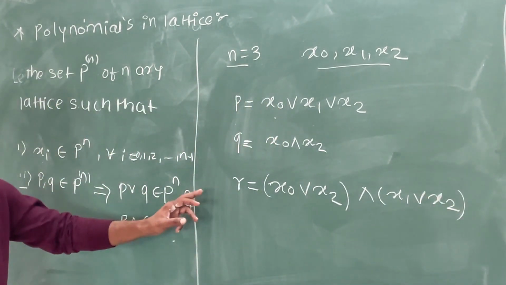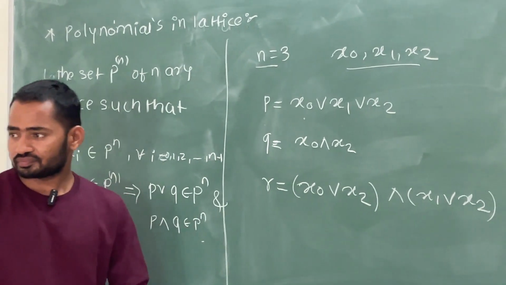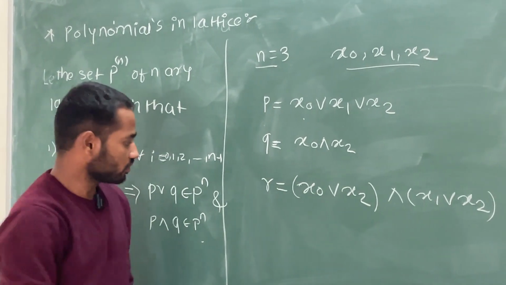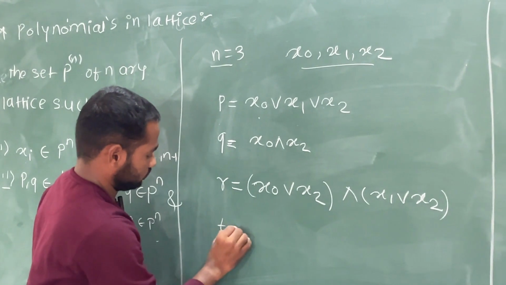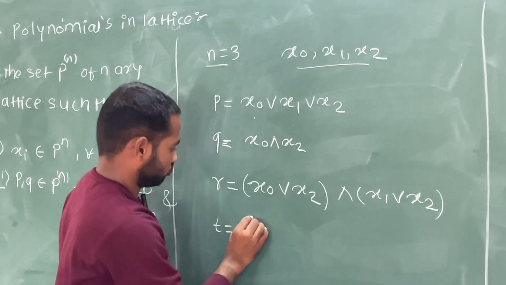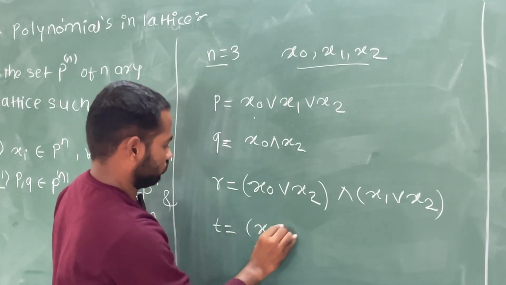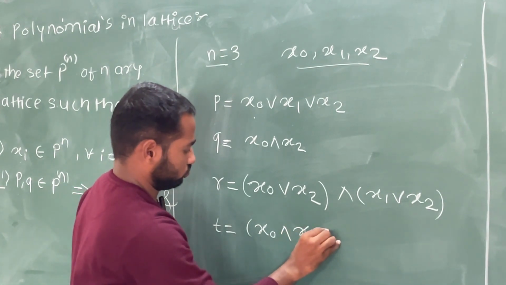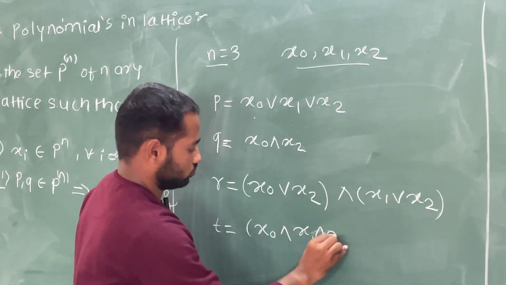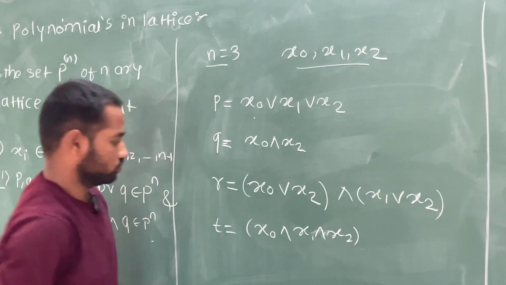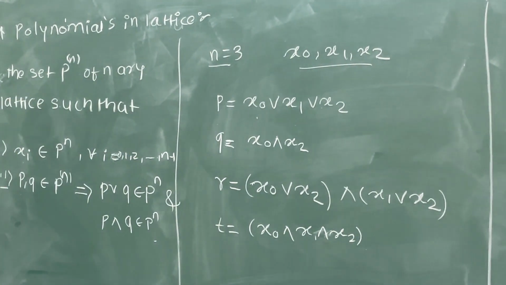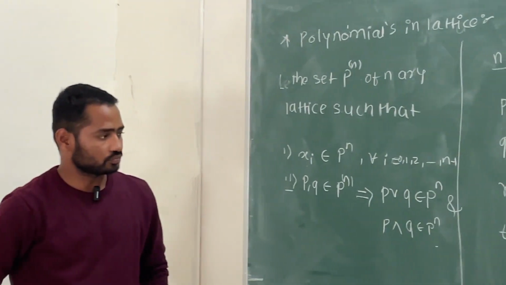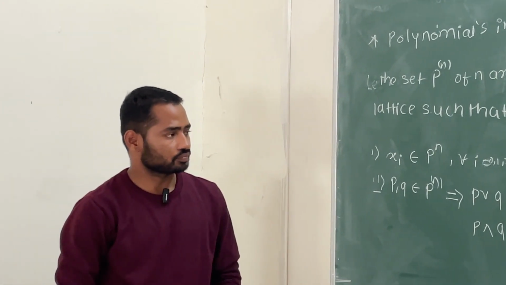Can we take another example of this? Even just x naught is also a polynomial. Yes or no? It is not necessary that every time three variables should be involved.